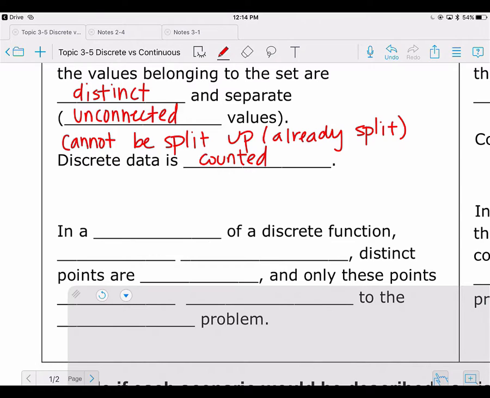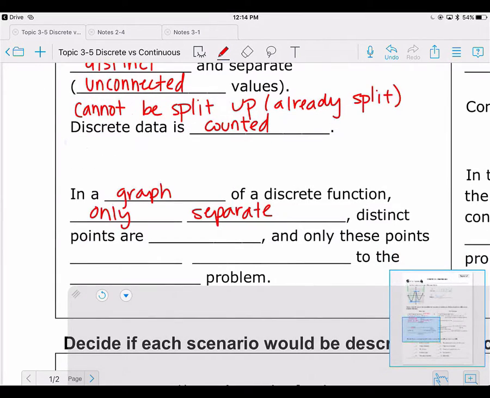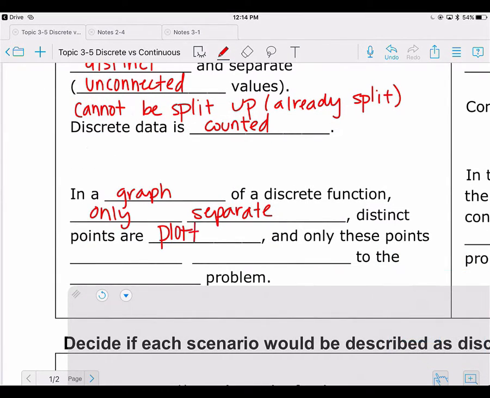So in a graph of a discrete function, they are only separate, distinct points that are plotted. And only these points have meaning to the original problem.